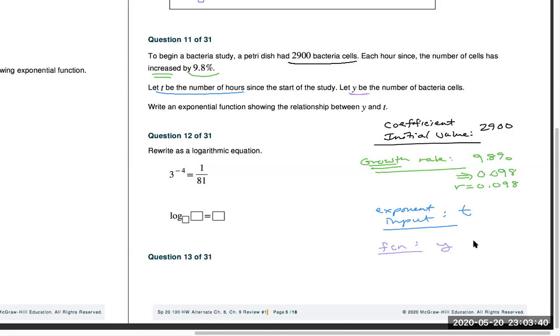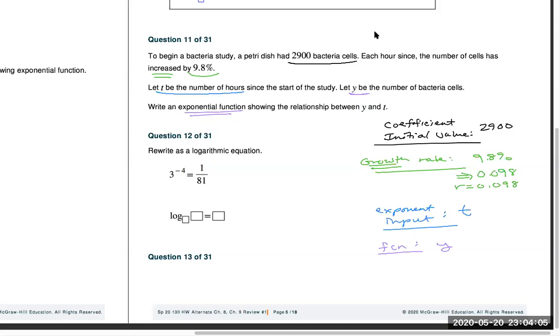Now, I kind of don't like how Alex puts this. They say write an exponential function, and then in their answer, they're going to give you a function just as y. That's technically a two-variable form, not a function form. If you wanted to make it a function form, it'd need to be y of t, but don't worry about it. Just make sure that you put it the way Alex wants you to put it, okay?